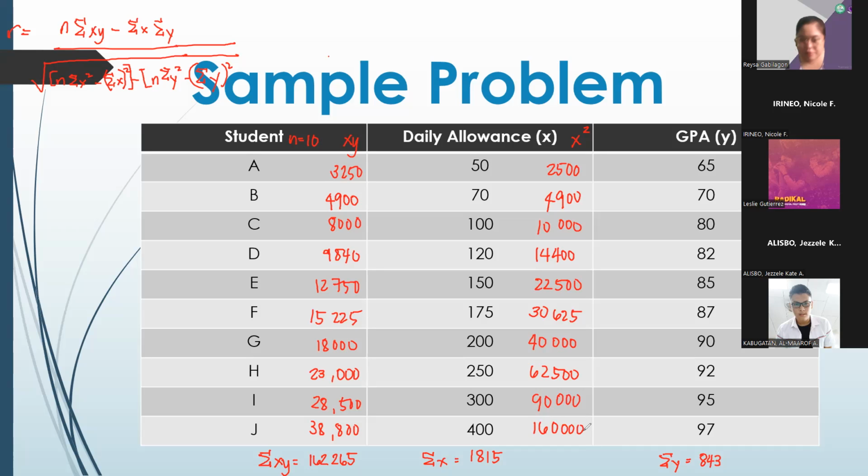Is that right? Okay, I didn't miss anything. So let's get the summation of this also. Summation of X squared. So we have 2,500, 4,900, 10,000, 14,400, 22,500, 30,625, and then we have 40,000, 62,500, 90,000, and 160,000.